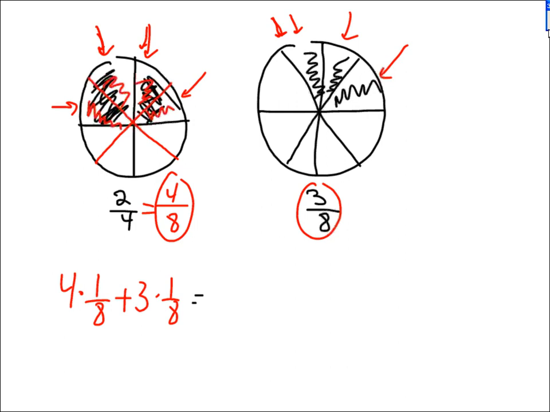Well, it turns out that you have 7 of these eighths of a dollar, which we'll talk about later is 7 over 8. Before you can add or combine 2 fractions, or any objects, they have to be of the same type.